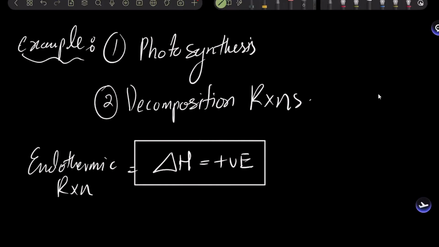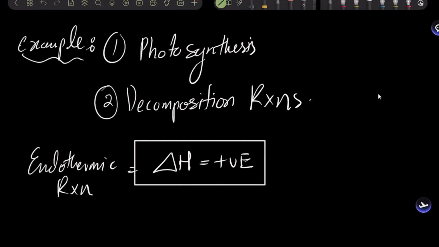So for exothermic, energy is released, lost to the surrounding. That lost energy is our loss. So a loss would be negative. And since in endothermic reactions, energy is being utilized, it is being absorbed, it is being useful. That's why it is positive. So it's just a way to remember that delta H is positive for endothermic reactions.